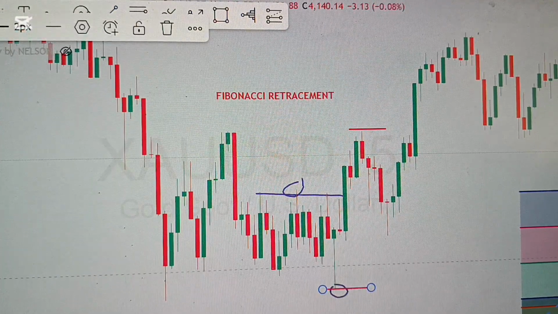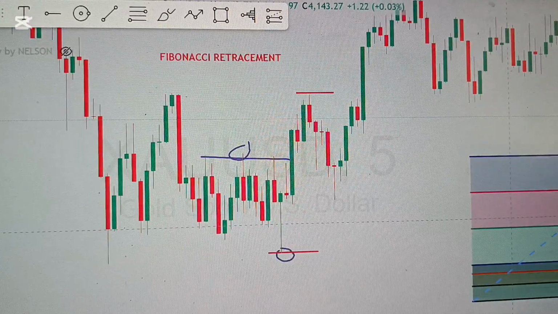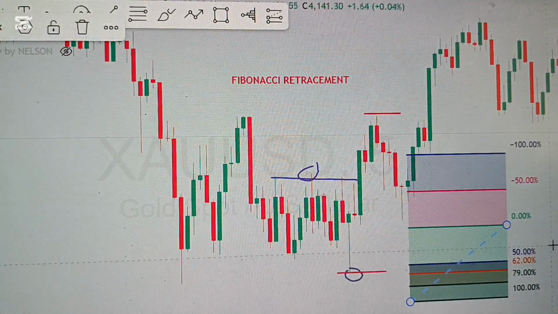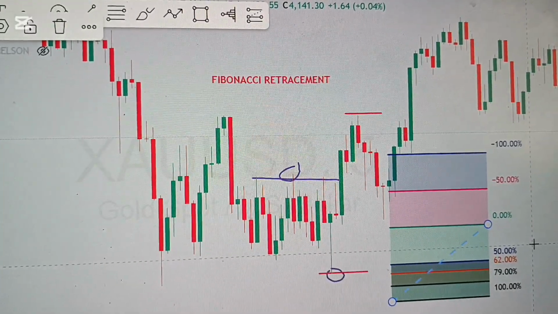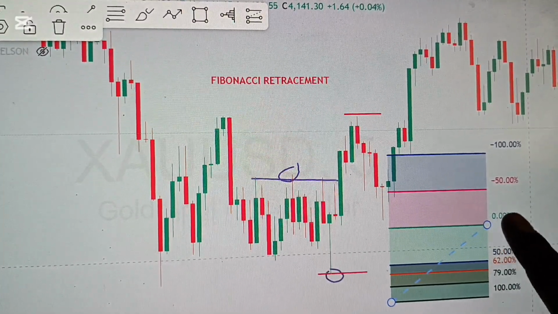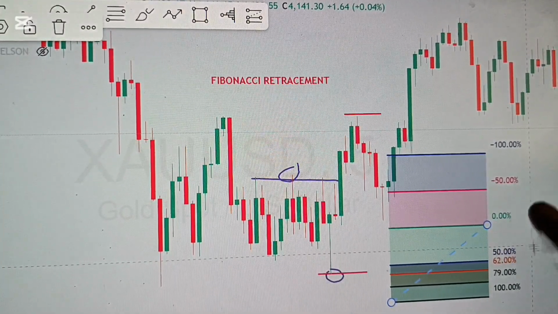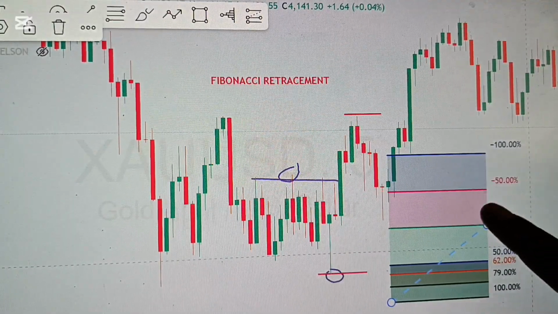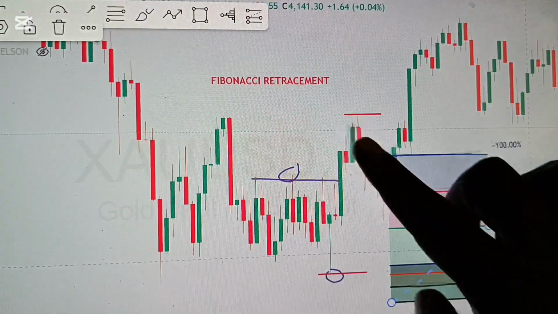So now I'm bringing my Fibonacci retracement. We have key points here. We have the 100% mark and the 0% mark. The 100% mark is where the price was, and 0% is where the price reached before reversing.